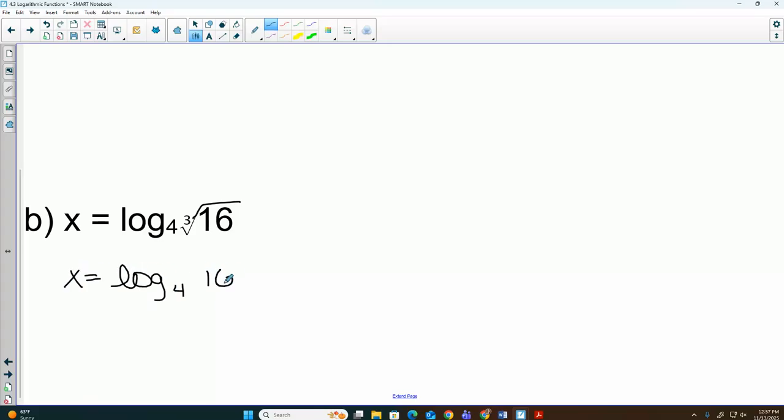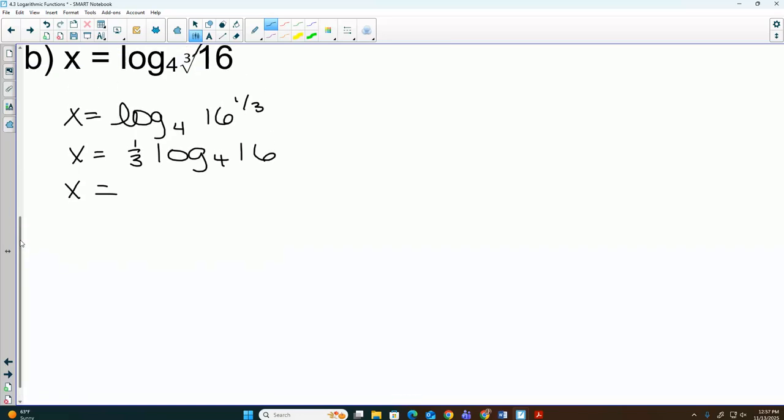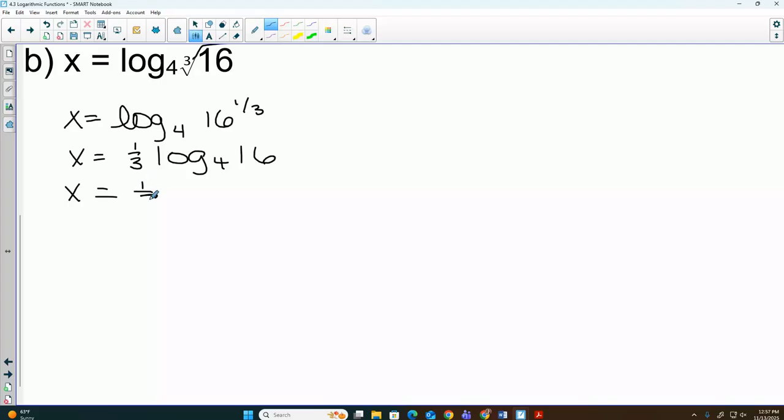You could write 16 to the 1/3. If you use those properties, what happens to your 1/3? Moves to the front. Is everyone with me so far? So log base 4 of 16 means 4 to what power equals 16? 2. So you get 2/3.